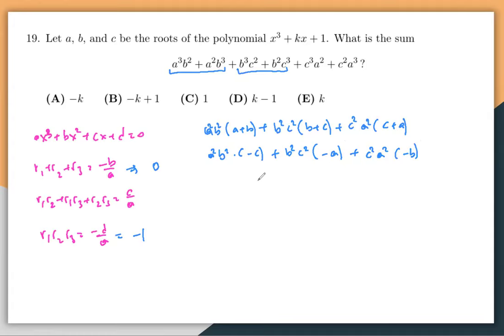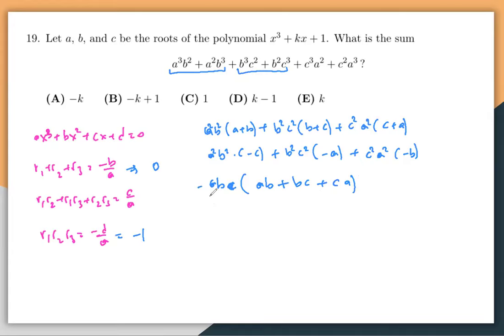Since ABC is now common to all, I can pull out ABC, or even maybe minus ABC. So that will give us AB, plus BC, and then plus CA.